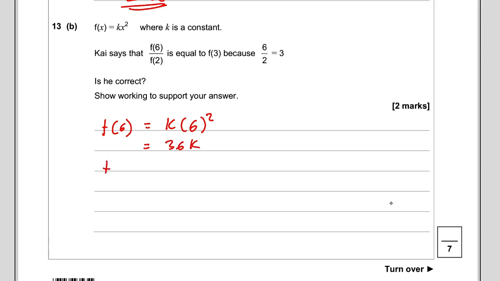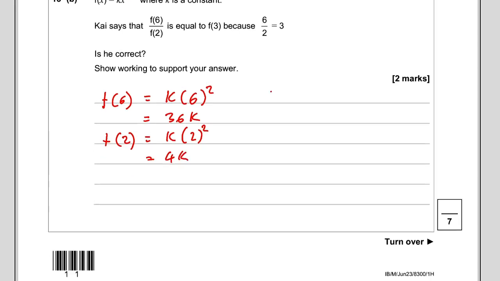And then f of 2 is going to be equal to k times 2 squared, which is equal to 4k. So f of 6 divided by f of 2 is going to be equal to 36k divided by 4k, which is equal to 9. I'm not fully sure I've got my full working in there because we don't know that f of 3 isn't equal to 9.